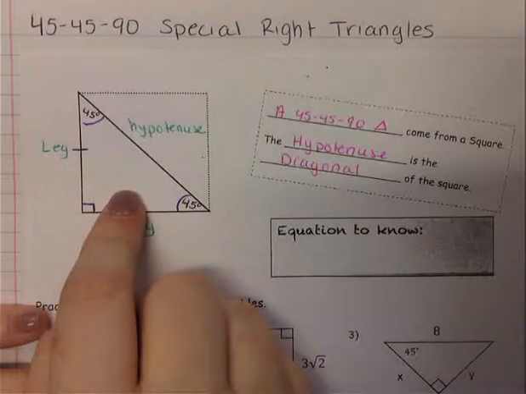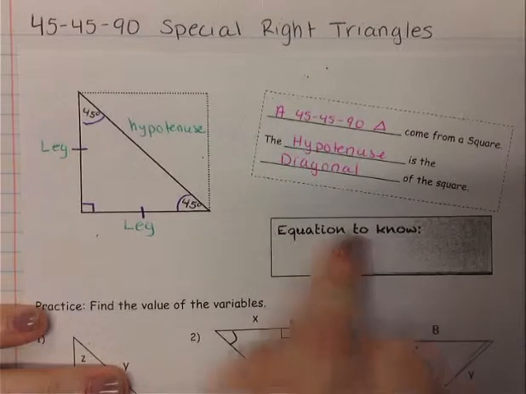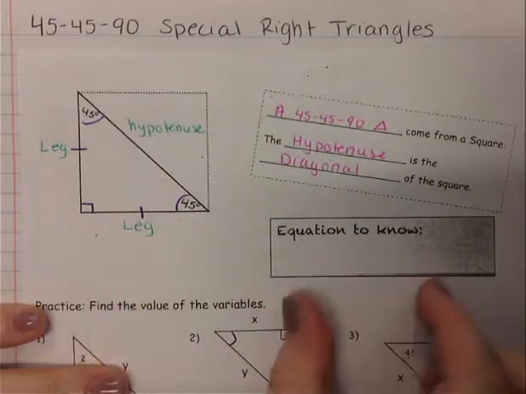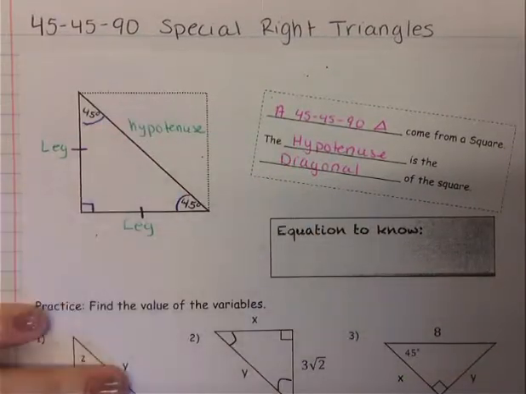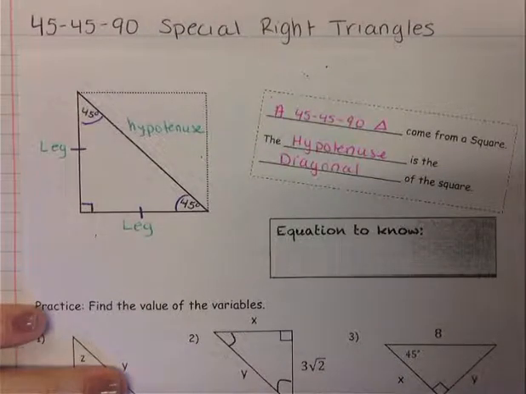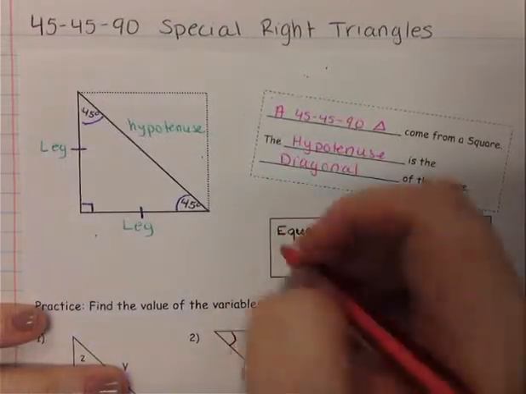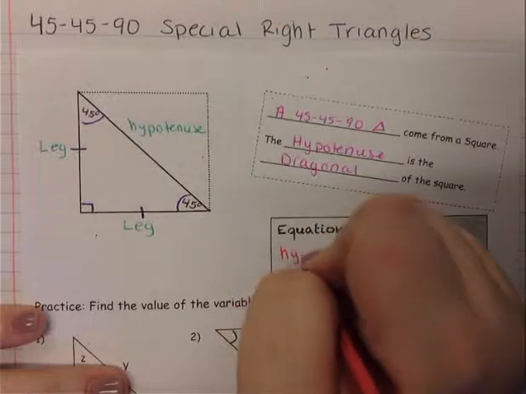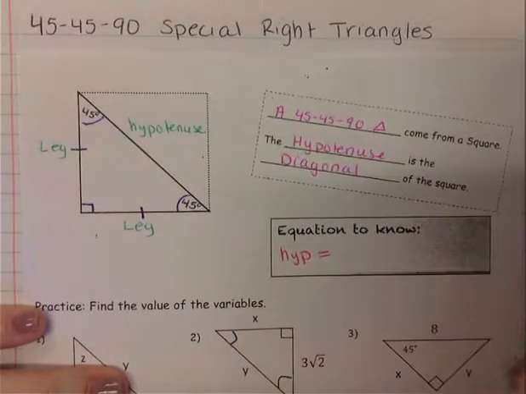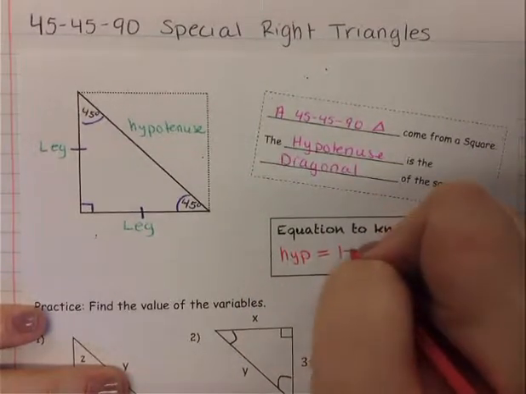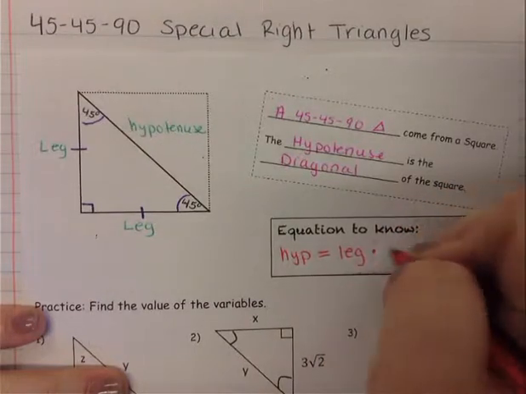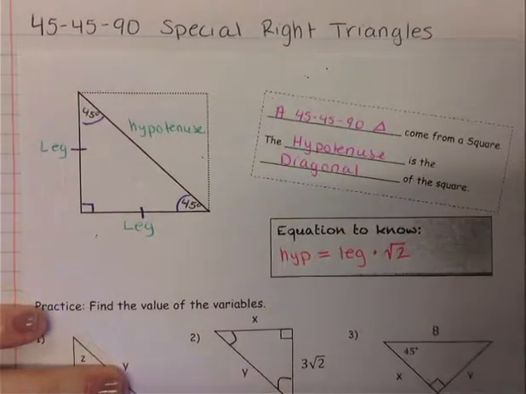But it has a special equation to know, and we can figure out the equation based off of the Pythagorean theorem as well. The equation you want to know is the hypotenuse is equal to your leg times the square root of 2.